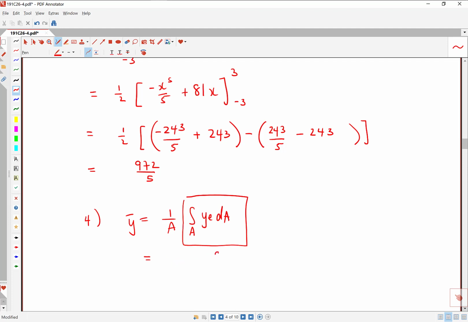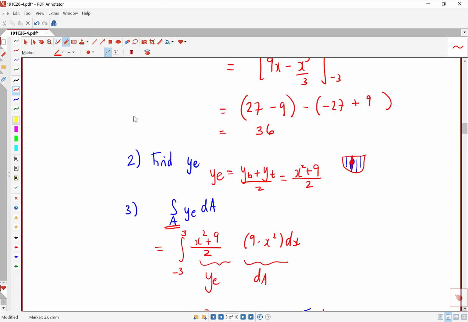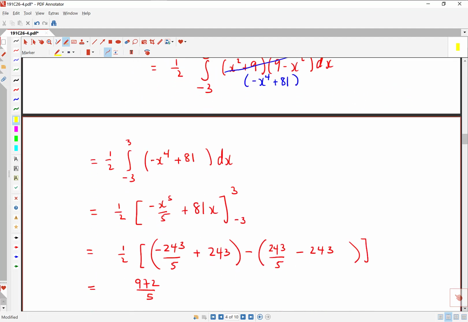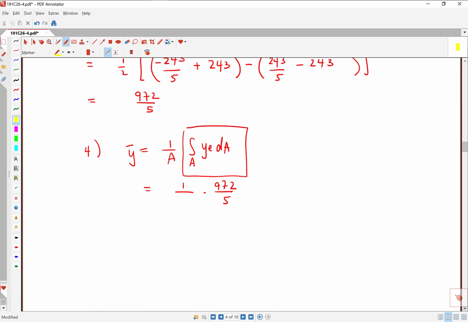So the integral that we just calculated, 972 over 5, and then we can take a look back at step 1 and figure out what was the area that we calculated. And here it was, we found the area to be 36 at the end of step 1. So we're just going to go 1 over 36 times the integral that we just calculated. And 972 divides nicely by 36. So this just works out to 27 over 5. And that gives us the y coordinate of the centroid.